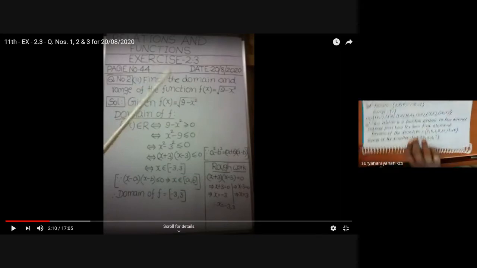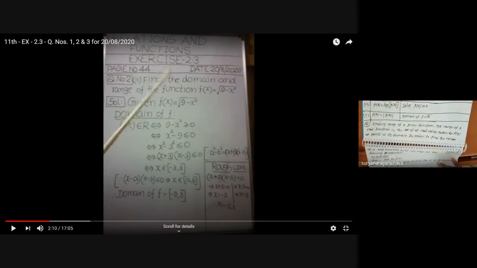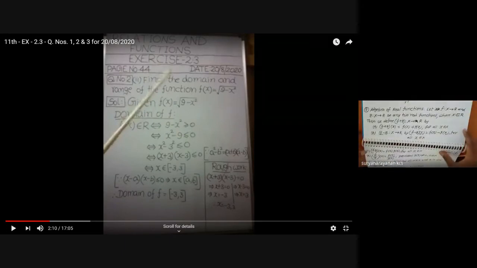Okay, my dear children, understood this point, why we are taking 9 minus x square. In the morning also I explained, if a function is in the form f of x is equal to square root of g of x, then to find the domain, g of x is greater than or equal to 0.